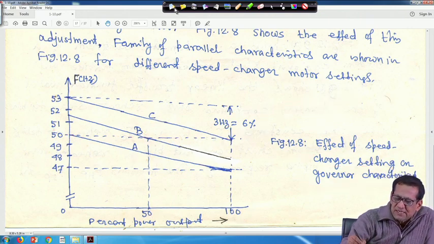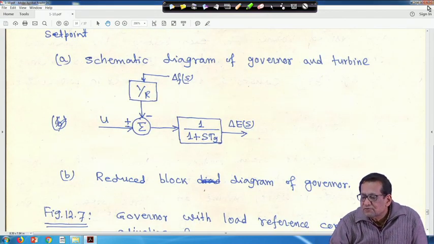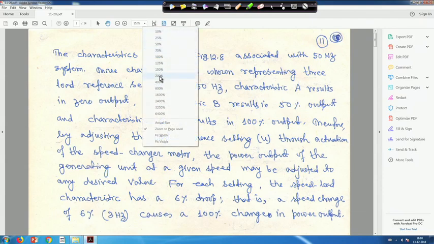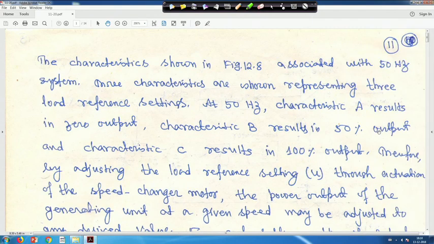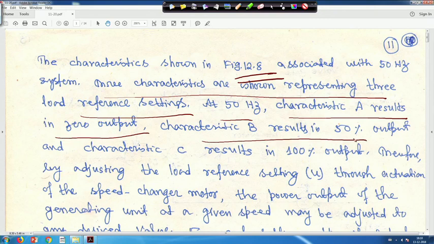So, let me clear it. We will go to the next one. The characteristics whatever we have seen, in figure 8, the 3 different characteristics associated with 50 hertz represent 3 load reference settings, that I told you. At 50 hertz, characteristic A results in 0 output, characteristic B results in 50% output and characteristic C results in 100% output.